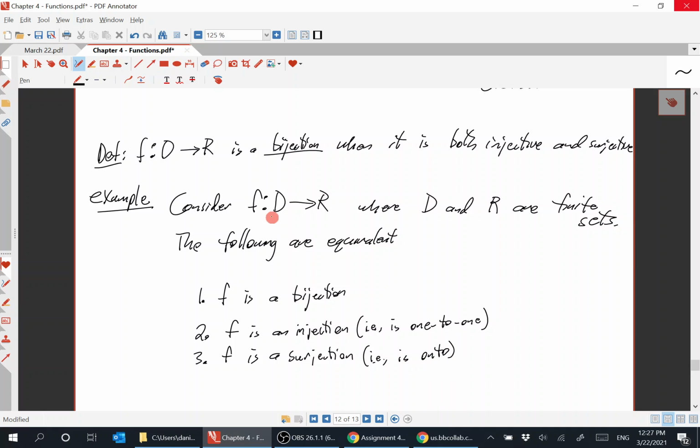So, given a function f from a domain to a range, where domain and range are finite sets, the following are equivalent. 1, f is both injective and surjective. That's what bijection is. F is an injection and a surjection. 2, f is just an injection. 3, f is just a surjection. So with finite sets, you can't have one without the other.